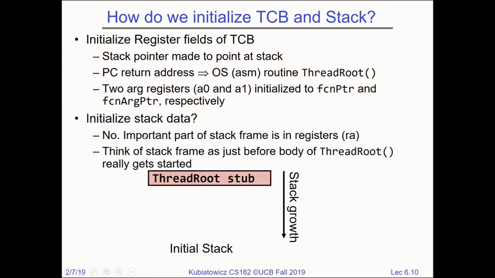And we don't bother initializing the actual stack itself with values, because we start at this thread root stub, and we think about it as if the stack frame was just before the body of thread root.